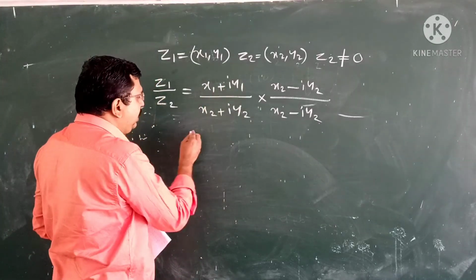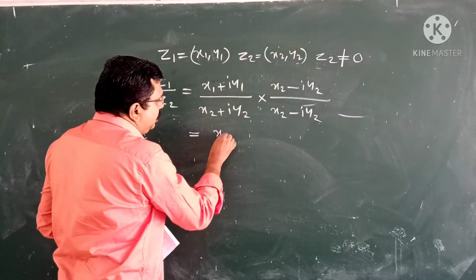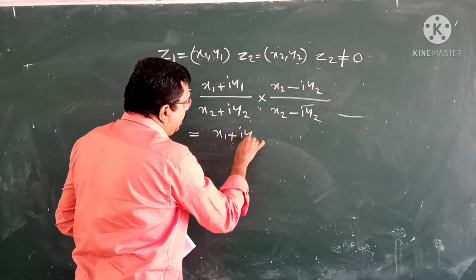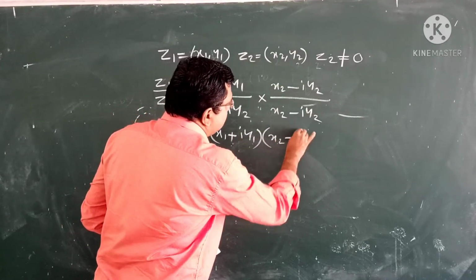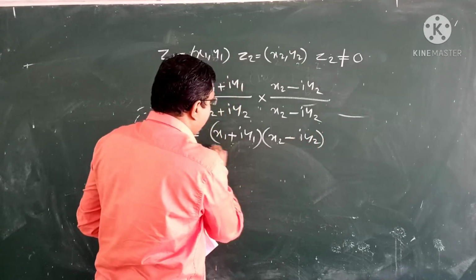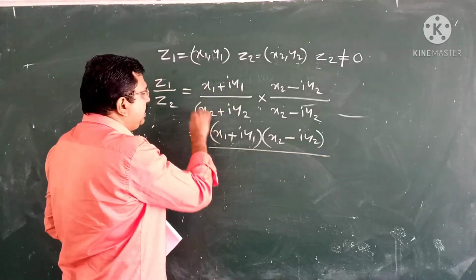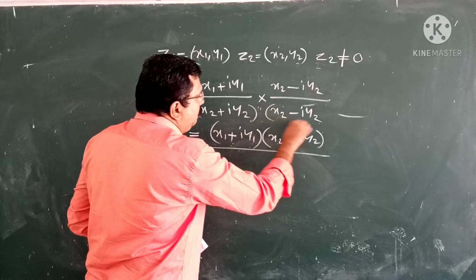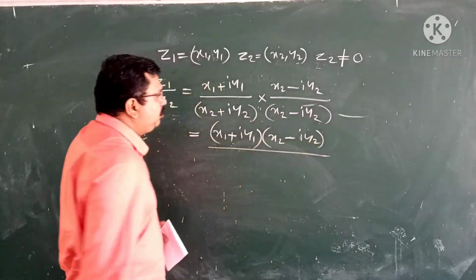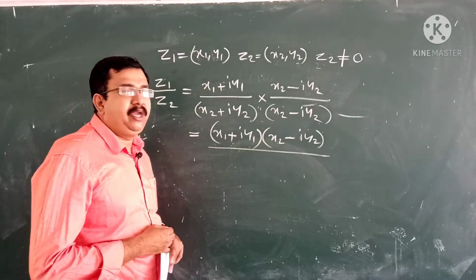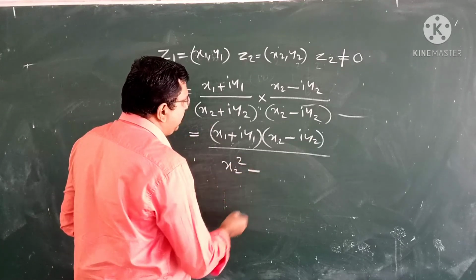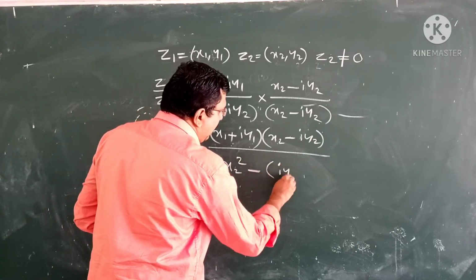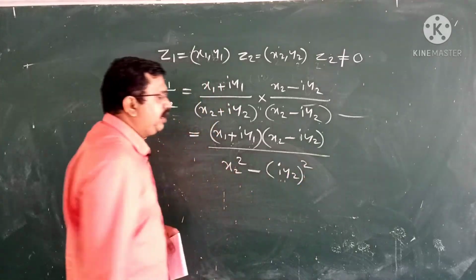Then the numerator will become (x1 plus iy1) into (x2 minus iy2), divided by (x2 plus iy2) into (x2 minus iy2). That is of the form (a plus b) into (a minus b), which is equal to x2 square minus (iy2) the whole square.